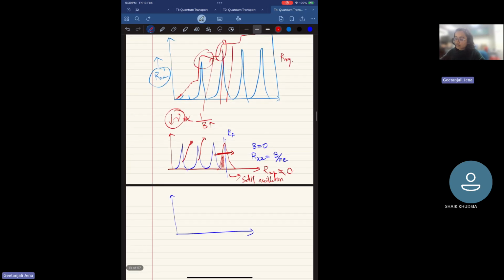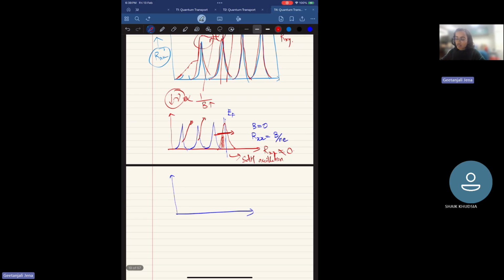So in the diagram, we'll see these peaks whenever the Landau level crosses this Fermi level. But once this Landau level fully crosses this Fermi level, that means, let's say now we have two levels that are below the Fermi level and fully occupied.